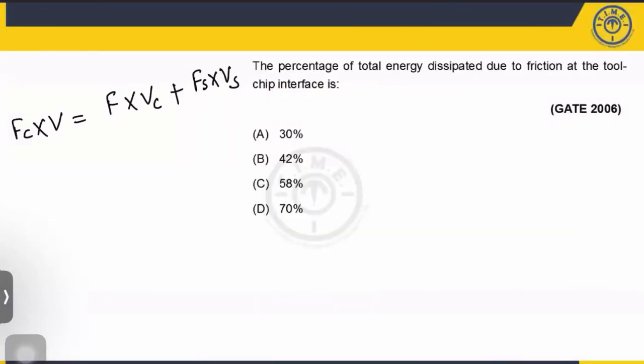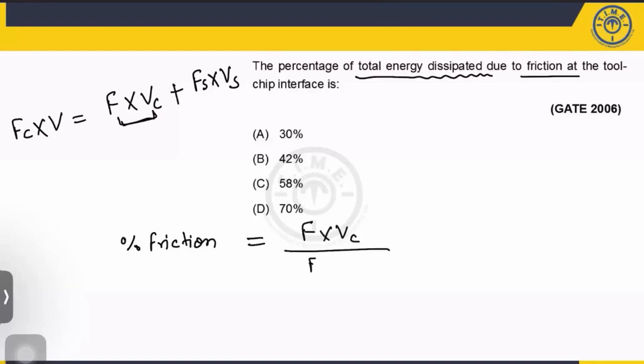Now, if I come to that particular question, you have to calculate how much total energy is dissipated due to the friction. Percentage. That means you have to calculate the percentage of energy lost in friction, which is this energy divided by total energy. What is the total energy? Cutting force into velocity. And it should be in percentage, so you have to multiply with 100.